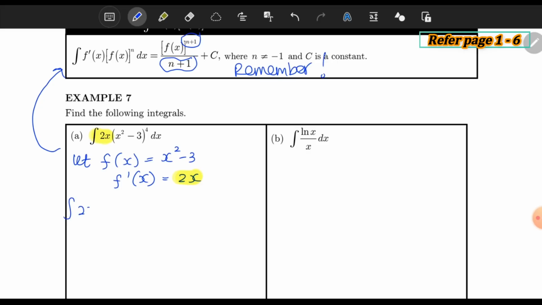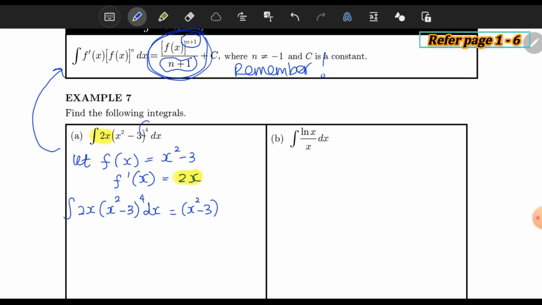Therefore, integrate 2x times x squared minus 3 power of 4 dx equal to f(x) power of n plus 1. For our case, we have x squared minus 3.